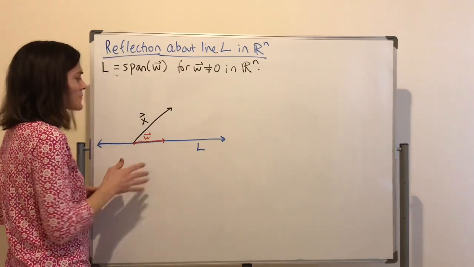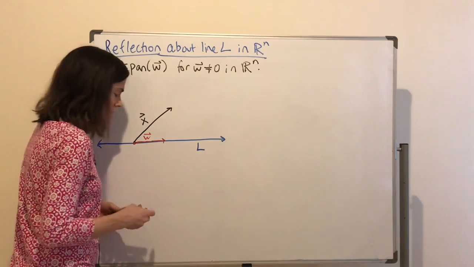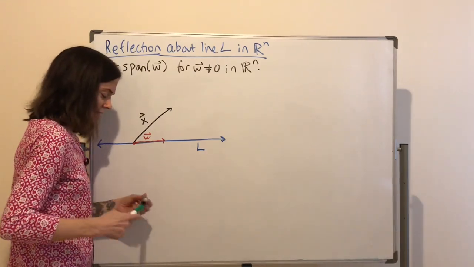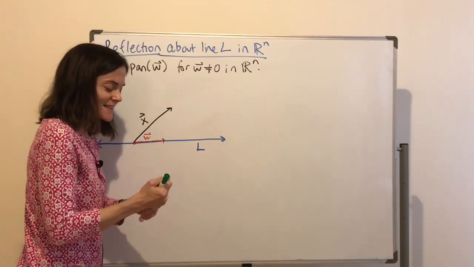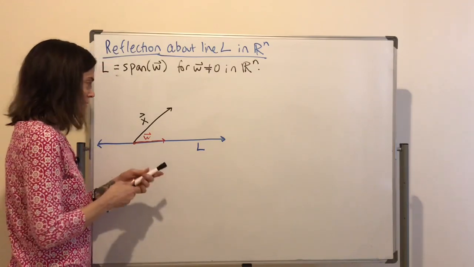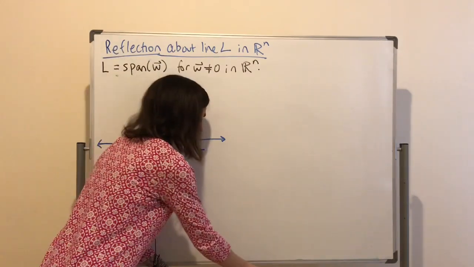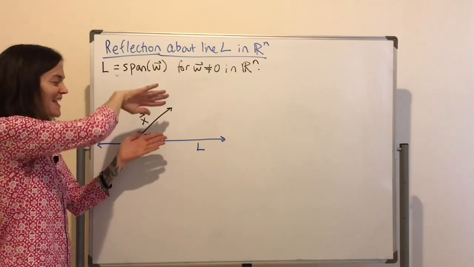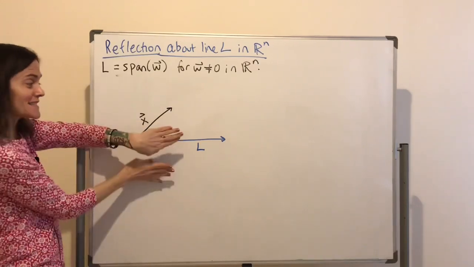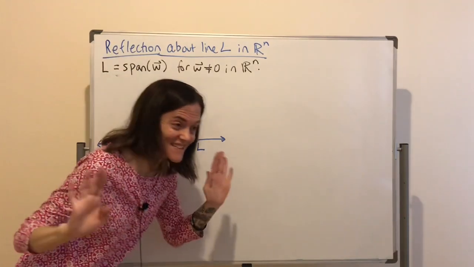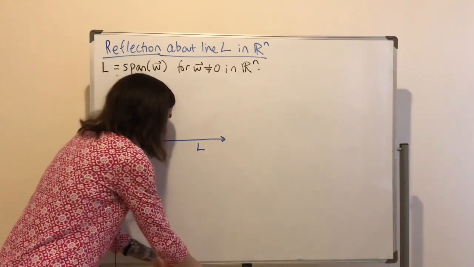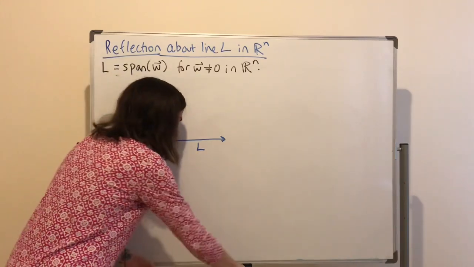Well, what would be the reflection? I used to have markers that stuck together, and this would be a much better thing for this. Well, okay, here's my hands. You take this, and you just do this. This is reflection. Okay, well, what does that look like?